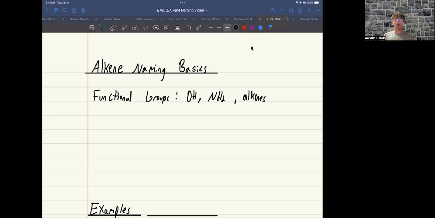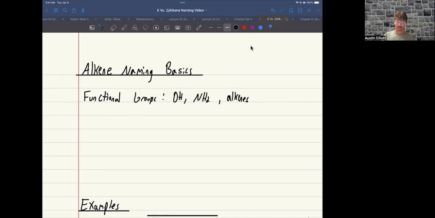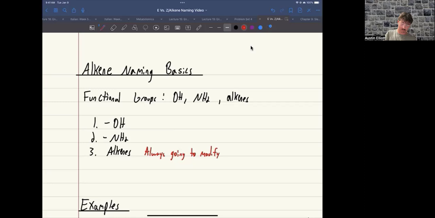And so priority-wise, it still goes alcohol is one, amine is two, and three, alkenes. But the thing about alkenes is that even if an OH or an NH2 are present, it's always going to modify the parent chain.